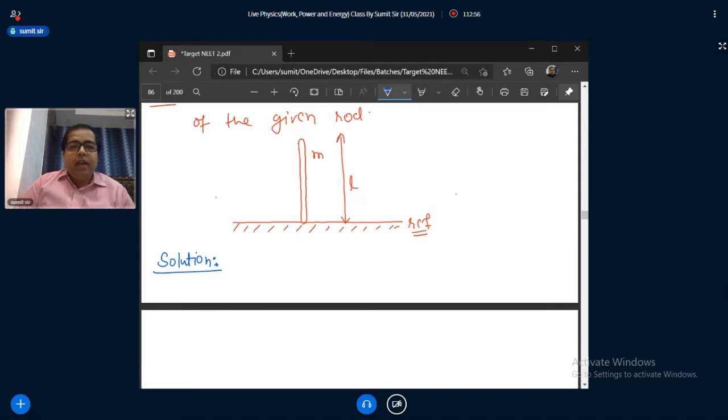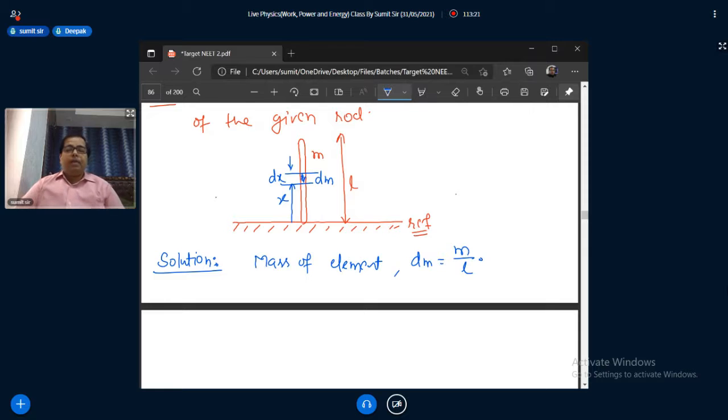we will take an element at height x of dx thickness. The mass is dm, very small. So the mass of the element dm is mass per unit length, so m by l, into the length of the element, that is dx.